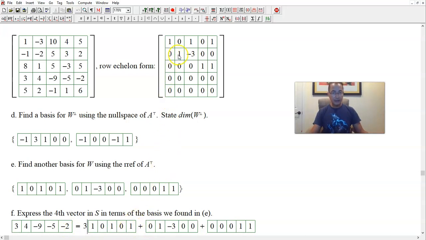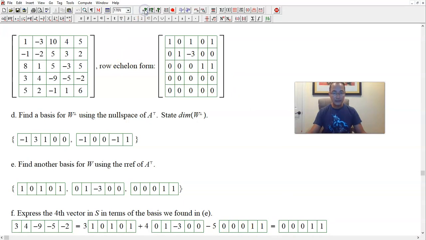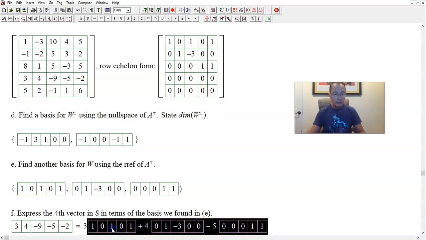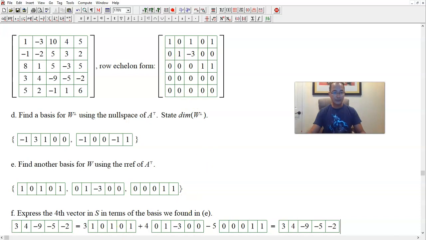Our next leading one is in column 2, and there's a 4 in the second entry, so there should be a 4 there. Where is our next leading one? It's in column 4. 1, 2, 3, 4. So that should be a -5. Do we get that vector? Let's check. Whoops, I need to highlight the whole thing. There we go. So that is, boom, 3, 4, -9, -5, -2.